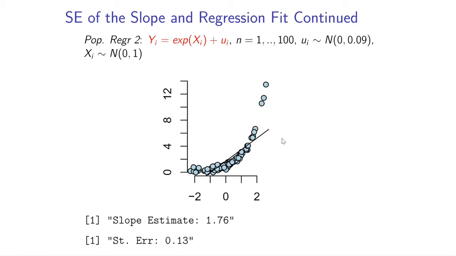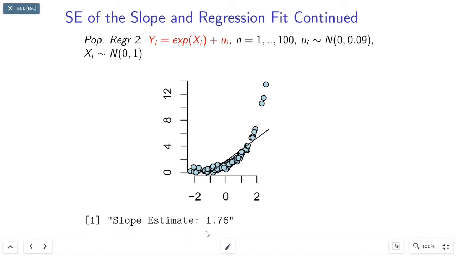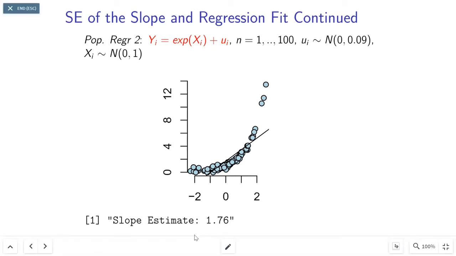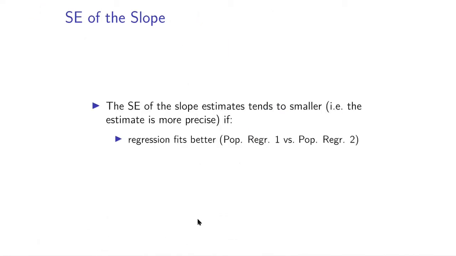Hence, you see that the estimated slope is very off. It's 1.76 versus 1, and the standard error of the slope becomes much bigger than before. It's 0.13 versus 0.03. By comparing the results of the two simulations, we can conclude that the standard error of the slope tends to be smaller if the regression fits the underlying data better.